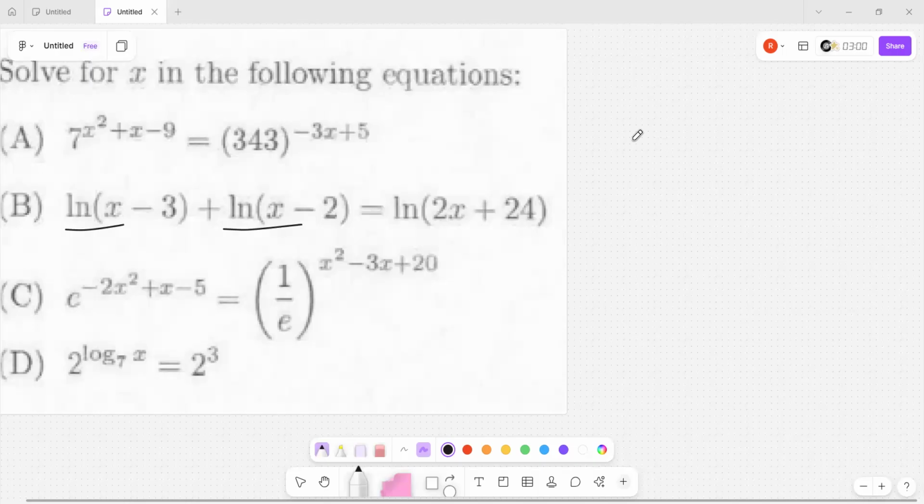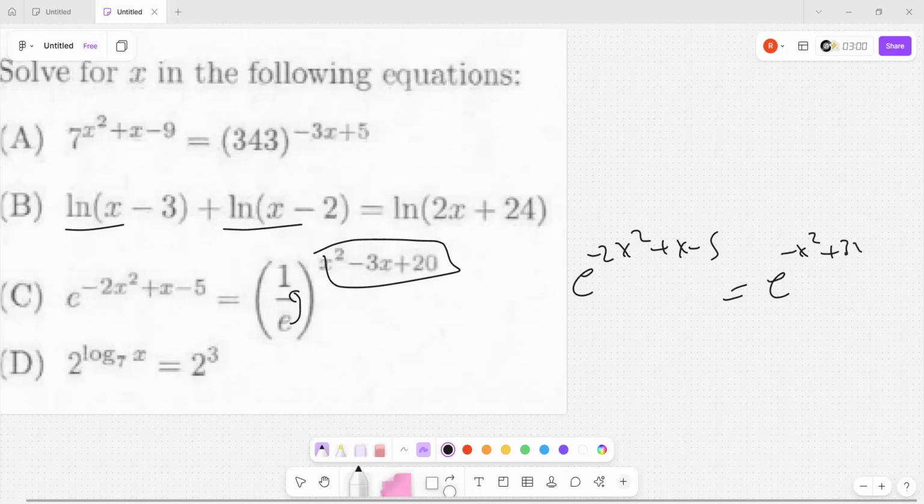E, I will move it up here, so it will become E power negative 1. And negative 1 will be multiplied here, so it becomes negative x squared plus 3x minus 20, right?